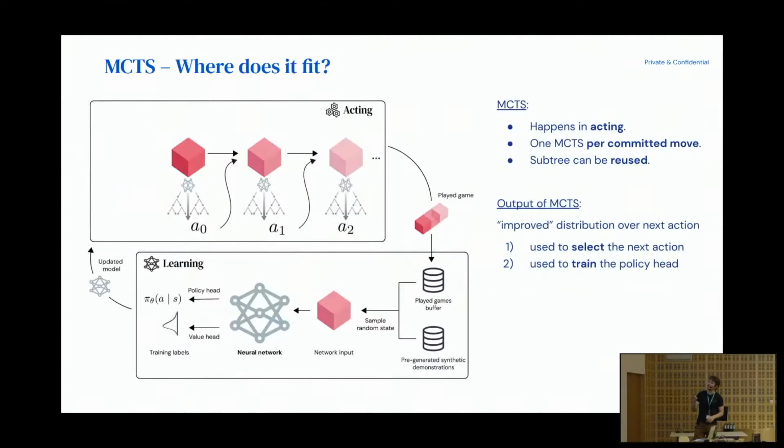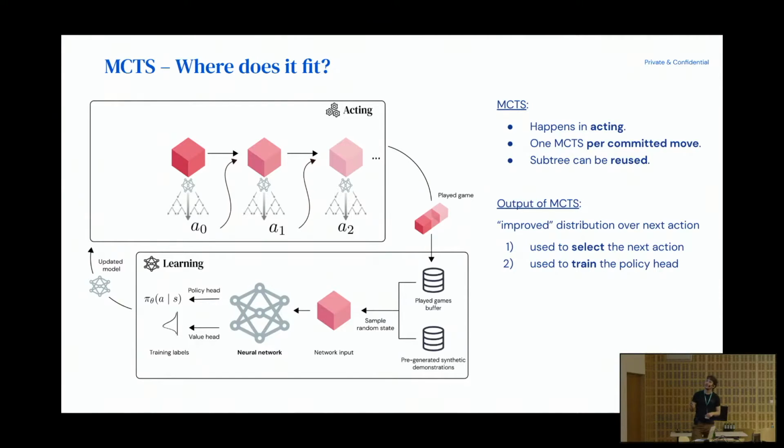In terms of the neural network, I mentioned that I will describe what the training labels for the neural network are. So just briefly, the neural network, when it receives games from the actors, is trained as follows. On a given state of the game, let's say this state of the game, the policy head will be trained using the standard softmax cross-entropy loss to mimic the visit count distribution from this state.